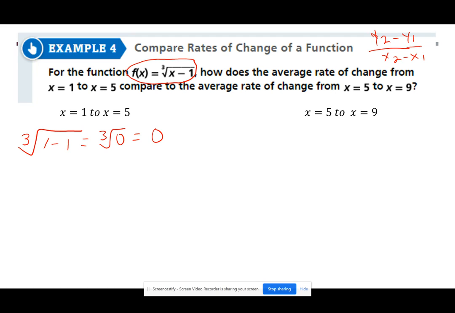Okay, then I want to compare to the cube root of 5. So I'm substituting 5 in. Well, 5 minus 1 is 4. So really we have the cube root of 4. Well, the cube root of 4 is 1.59.